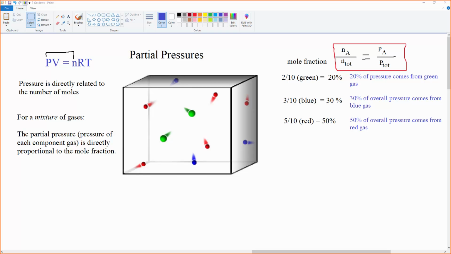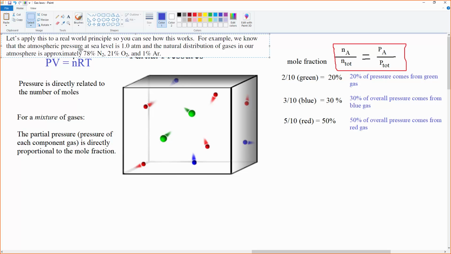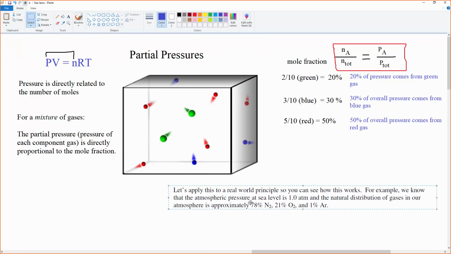Okay, let's do just a couple of examples just to kind of wrap our minds around this. So if we know the atmospheric pressure at sea level is 1 atmosphere, and the natural distribution of gases is approximately 78% nitrogen, 21% oxygen, 1% argon, and a fraction of a percent for, say, water and carbon dioxide.